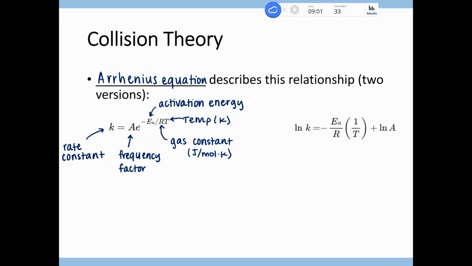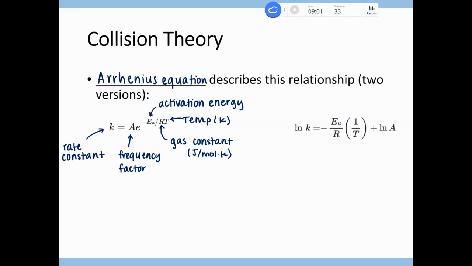The equation on the right is derived from the one on the left. That's where you take the natural log of either side and rearrange. So we've got natural log of k on the left. Now remember, if you take the natural log of e, the natural log and the e cancel out, we just get that exponent.